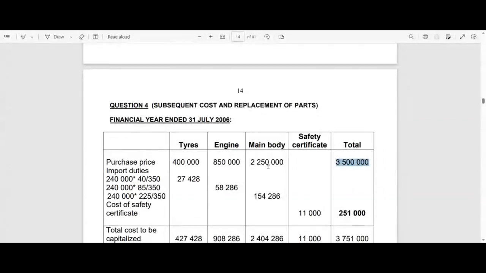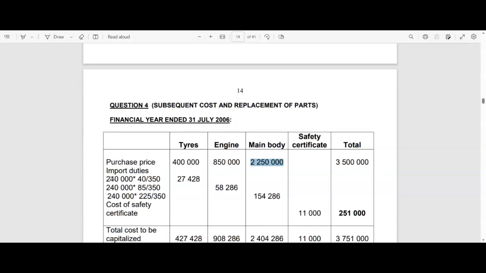So what is therefore the deemed cost of the main body? It will be the total purchase price of 3.5 million, less the 400,000 that we deem to be the cost of the tires, less the 850,000 that we deem the cost to be of the engine, and that then gives us the 2,250,000, which we now regard as the cost of the main body component, right? The vehicle itself, besides its engine and besides the tires.